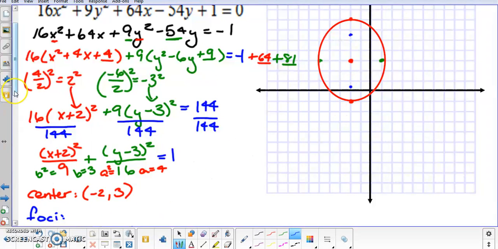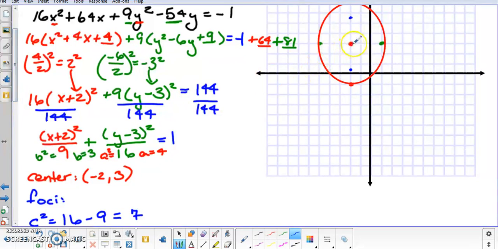Now I know where those coordinates are because again I'm going from my center. So I'm going along that y-axis. So I'm taking the center that I found right here at -2, 3, and I'm going up and down on that y-axis. So that's going to be plus or minus, oops, sorry, I wrote that weird.